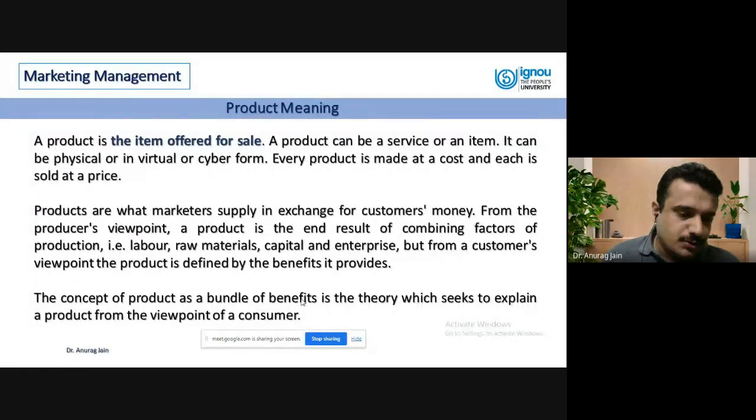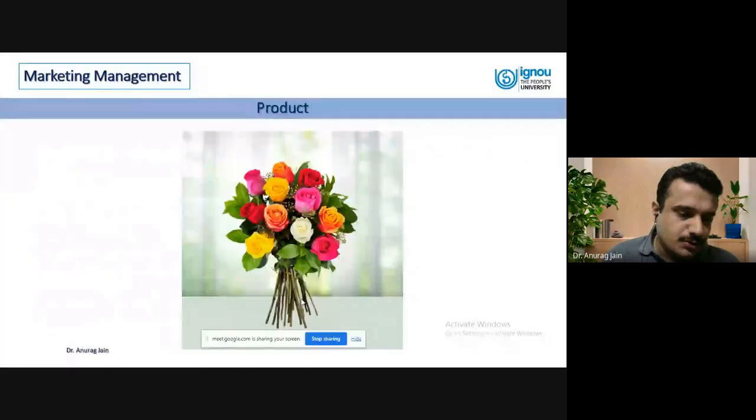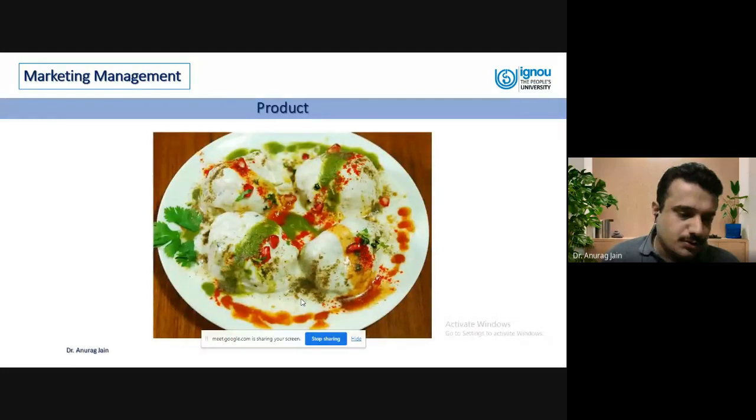Now I'll show you a few pictures on your screen. First I'll scroll through the pictures, and then I'll ask you a very simple question, right? You are seeing a very beautiful bunch of flowers in front of you. In this other picture, there is a very popular dish in India called dahi bhalla or dahi bada. Maybe some of you are aware of this dish.